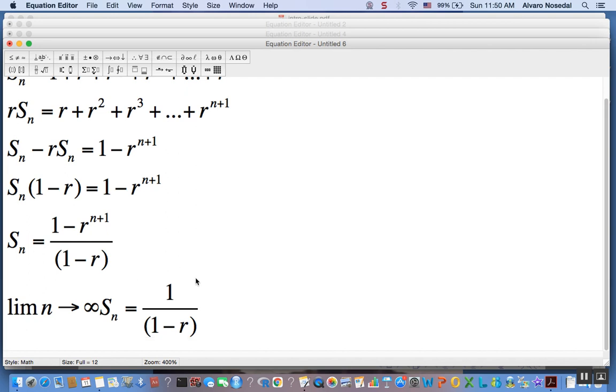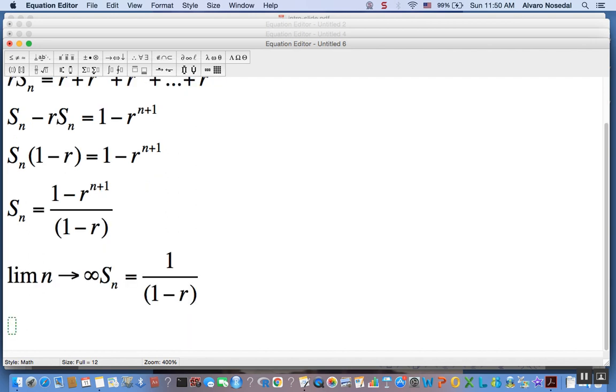But that is provided, right? Provided the absolute value of r is less than 1. Okay?